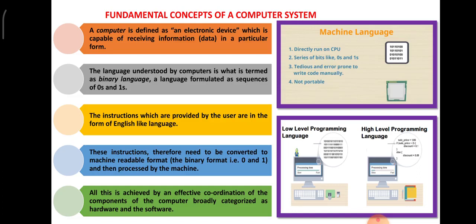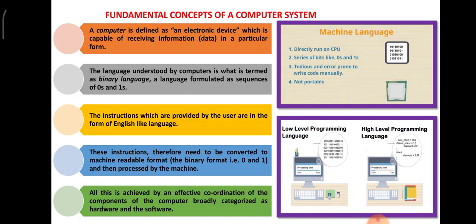Can you give me an example? Yes, you can place a translator who translates this English language to a language the student can understand. Now that is the third point: the instructions provided by the user are in English-like language, but the computer knows only zeros and ones, which is a binary language. Hope this is clear to you.